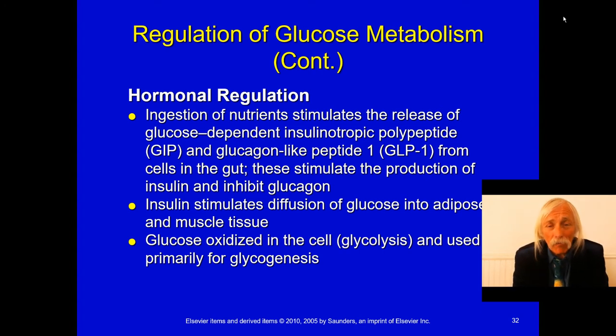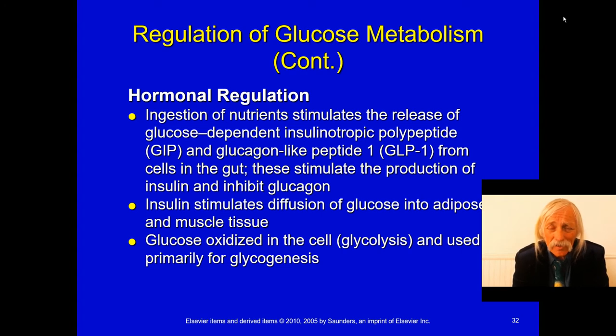What happens there is that from the cells in the gut, these proteins tend to stimulate the production of insulin and inhibit glucagon. In other words, they're aiding in insulin-dependent glucose uptake and insulin clearance of circulating glucose. So insulin stimulates the diffusion of glucose into adipose and muscle tissue, as we've already covered.